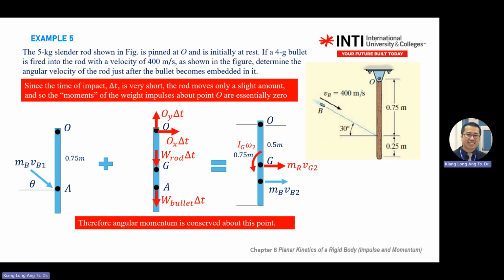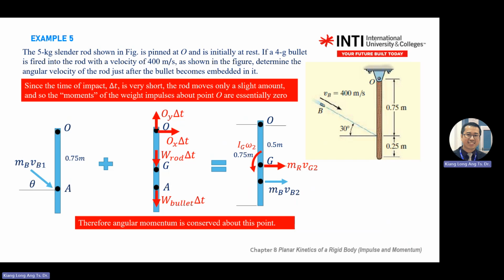Since the time of impact is very short, the rod moves only a slight amount, so the moment of the weight impulse at point O is essentially 0. So if you put your hand here at point O, do you see any moment generated? No. If you put your hand here, W goes down, the d is 0.